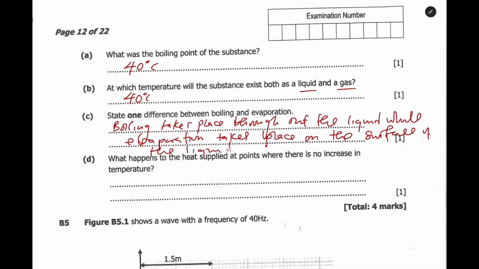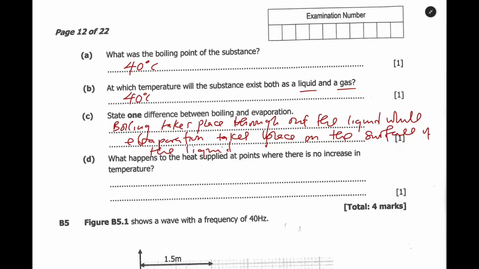You can also include that boiling involves bubbles being produced, while in evaporation no bubbles are produced. Then you can say that boiling occurs at a certain temperature, but evaporation occurs at any temperature. So be able to suggest what you think are the answers on this particular part.